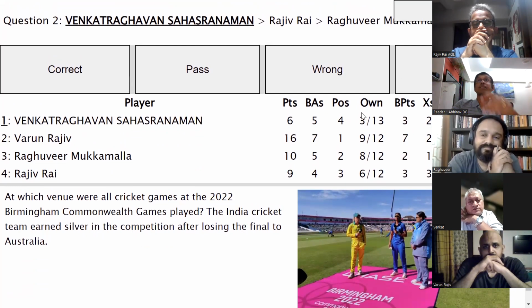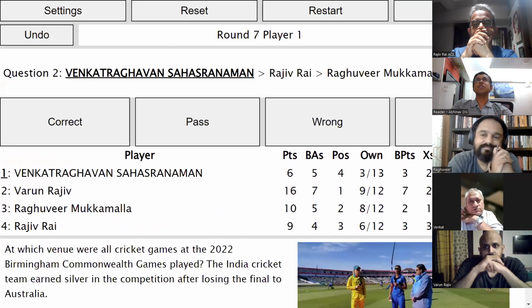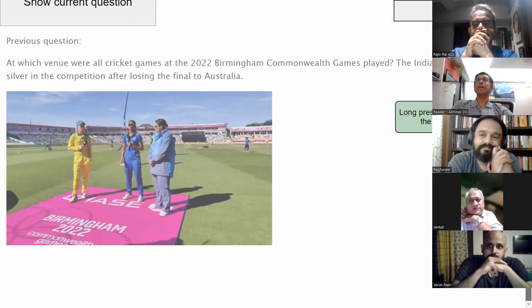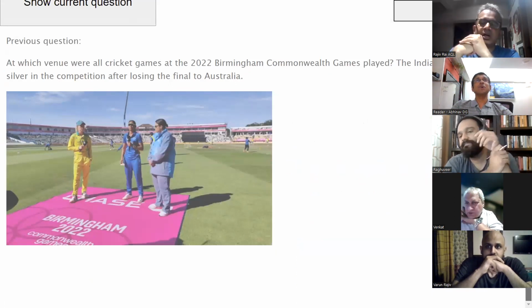Trent Bridge. Trent Bridge, Nottingham. Rajiv? Pass. Raghuveer? Varun? Headingley, the one cricket ground we know. Birmingham is Edgbaston, right? That's where it was.